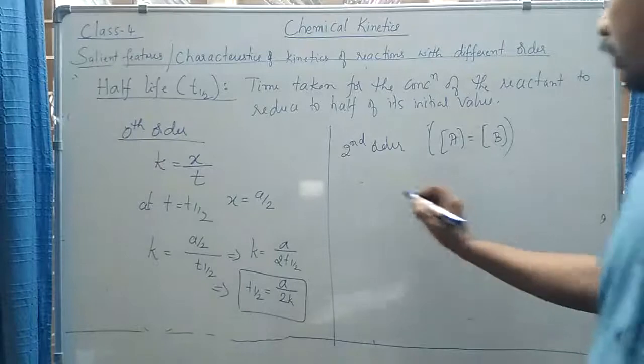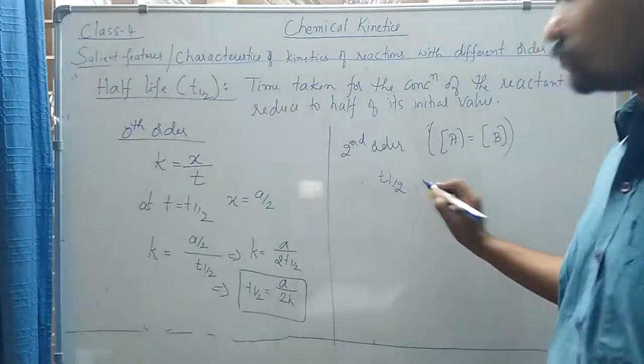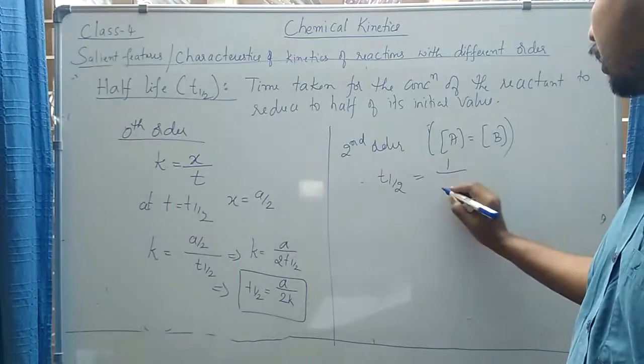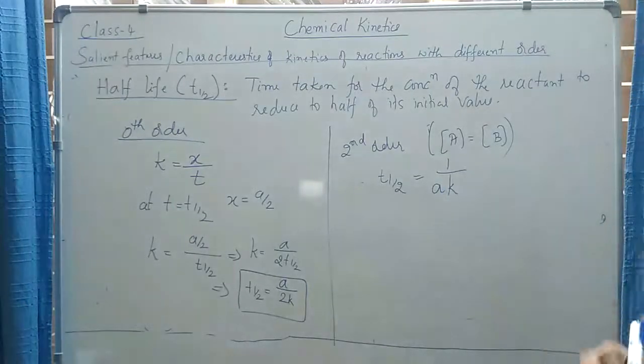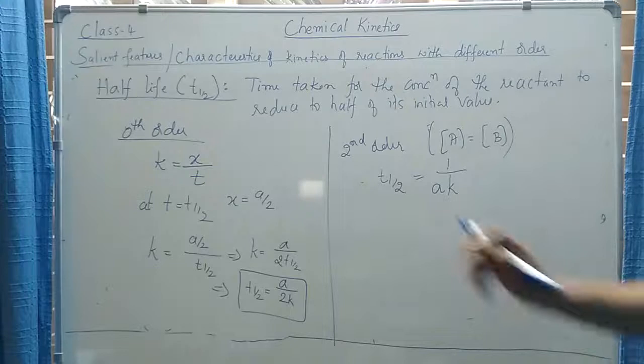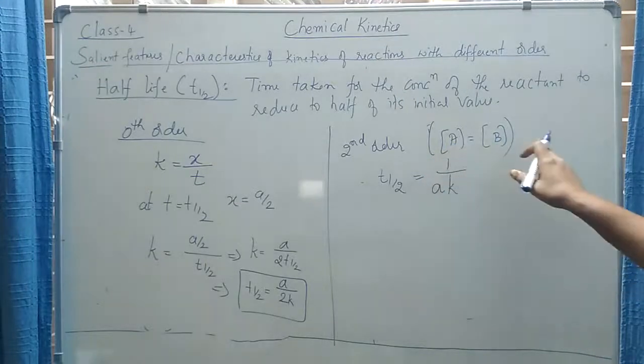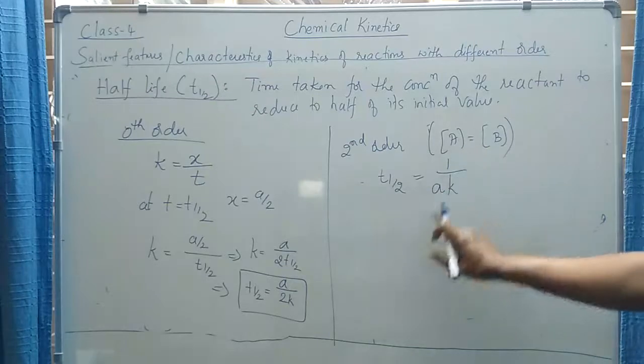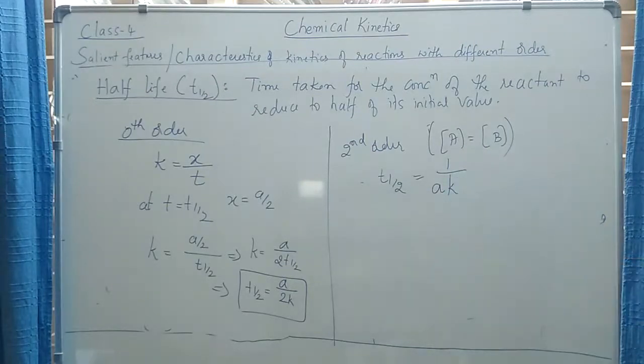In such case, the half-life of a second order reaction will be equal to 1 divided by A into K. And by looking at this equation, you can clearly see that the half-life of a second order reaction is inversely proportional to initial concentration of the reactant.